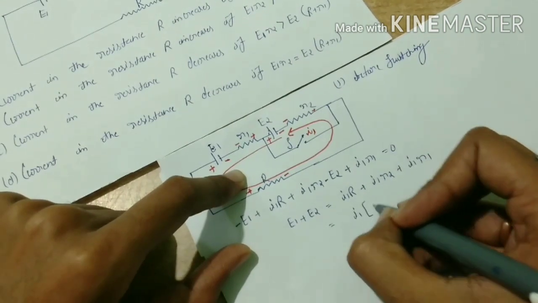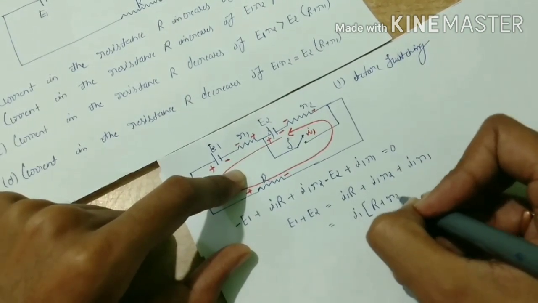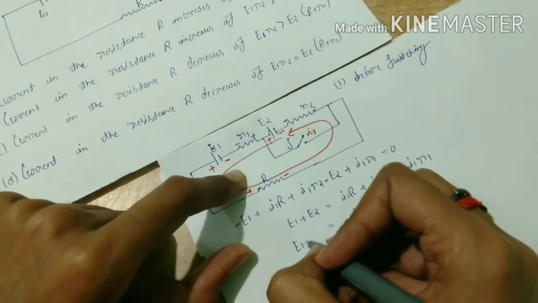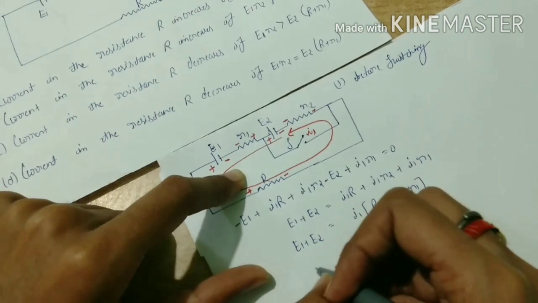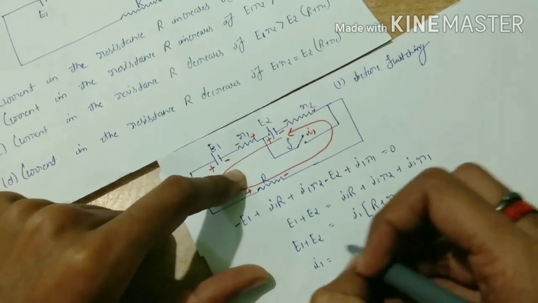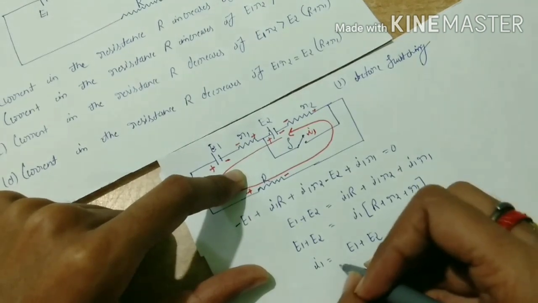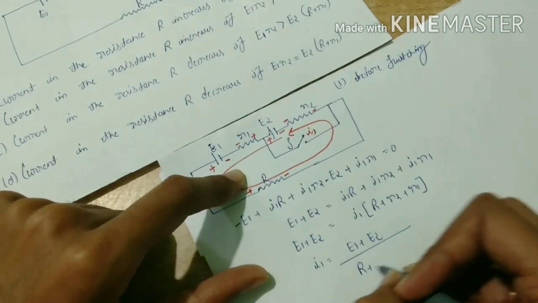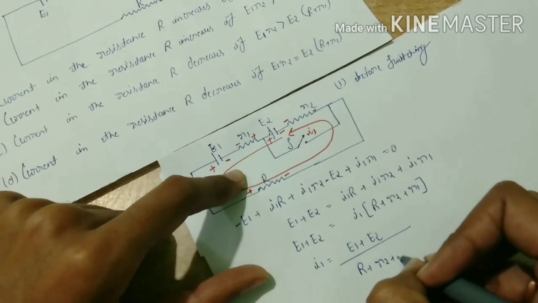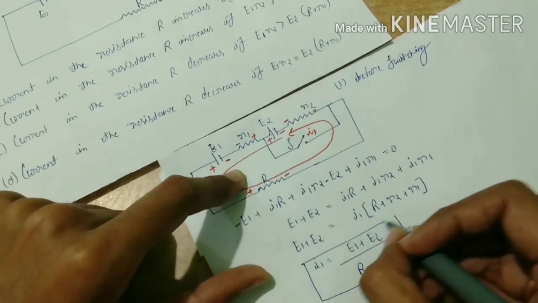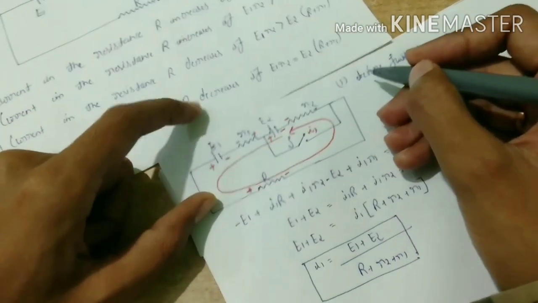Take I1 common. So we get the value of I1 as E1 plus E2 divided by R2 plus R1. So this is the value of I1 before switching.